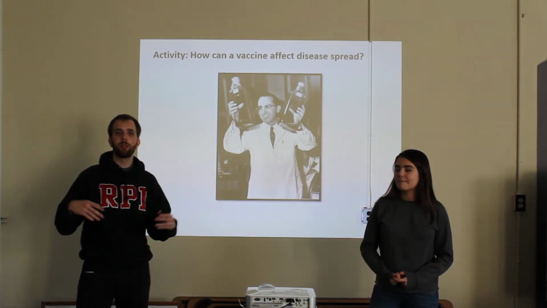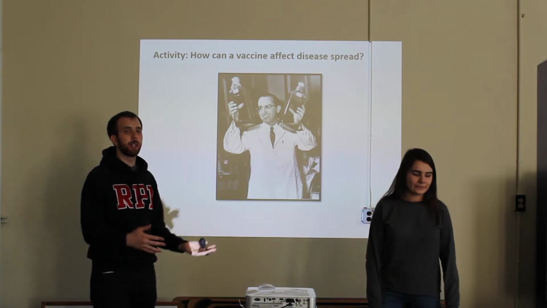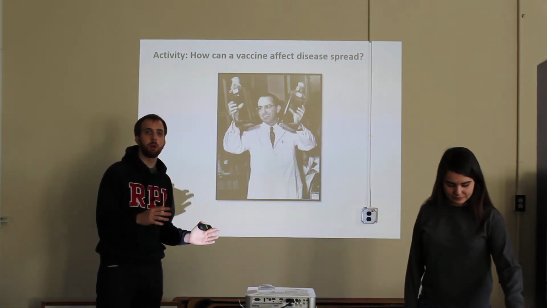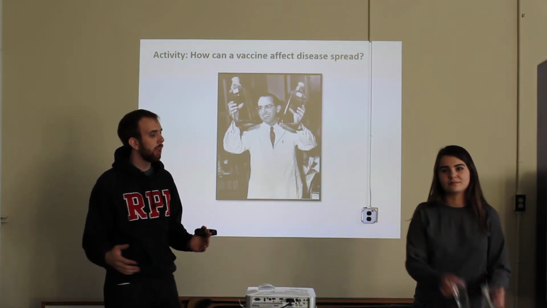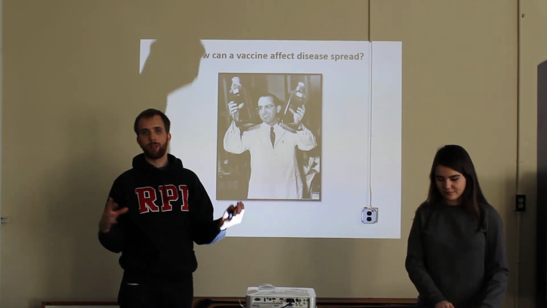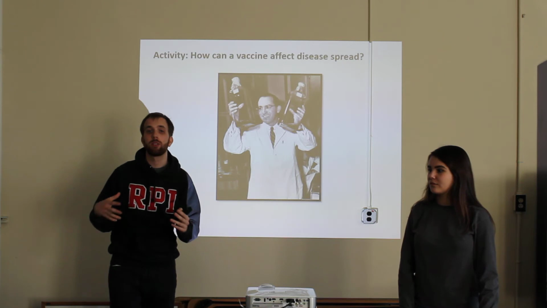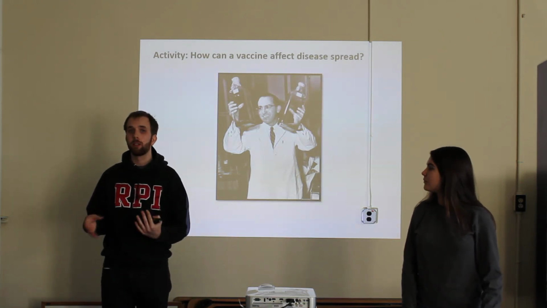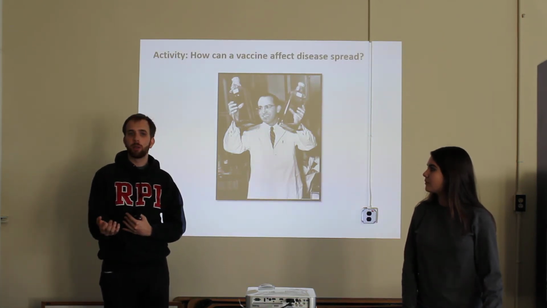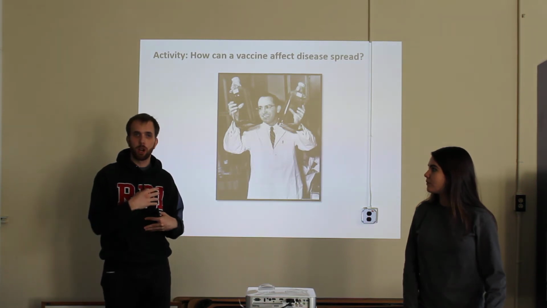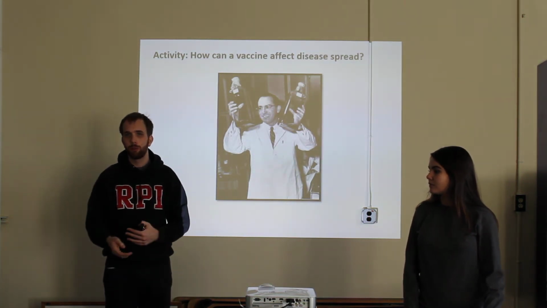Right. So at this point, we do another activity, similar to the first one, where we have a bunch of different cups. However, now we're going to practice safe practices to keep us safe and to prevent the spread of disease. One thing that we learned is to cover our cough or our sneeze, make sure we cook our food, and all that.